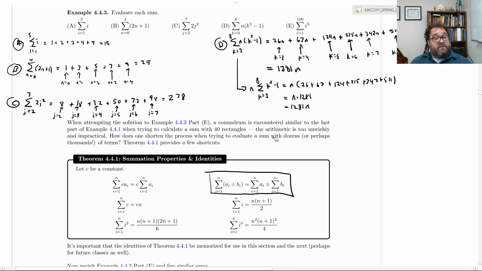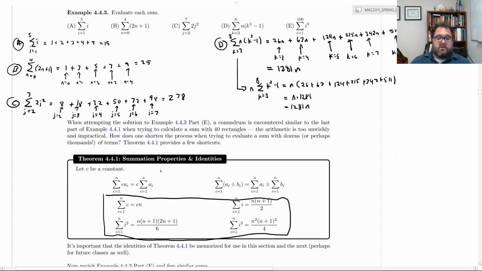And now these last four are ways to evaluate sums quickly. Now notice that all four of these last four properties are indexed starting at 1. That's important. So for instance, these properties would not work for B, C, and D, because those are not indexed starting at 1.